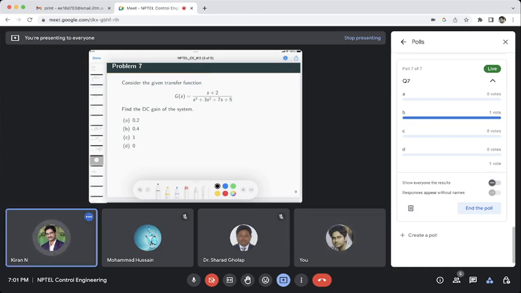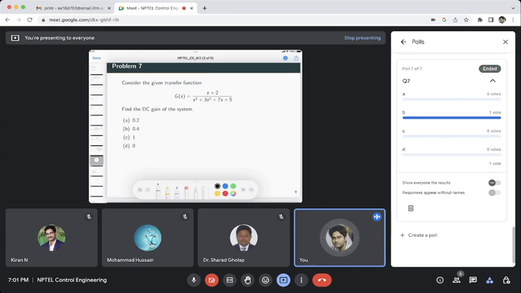It's 0.4. Yeah, very simple question. To find the DC gain, s goes to 0. So that is just 2 by s, when you take the limit s goes to 0, 2 by 5. So it is 0.4. Yeah, DC gain. Just a direct question.